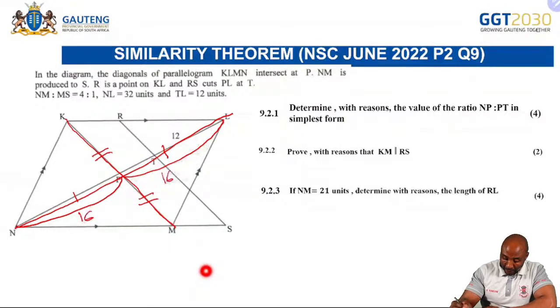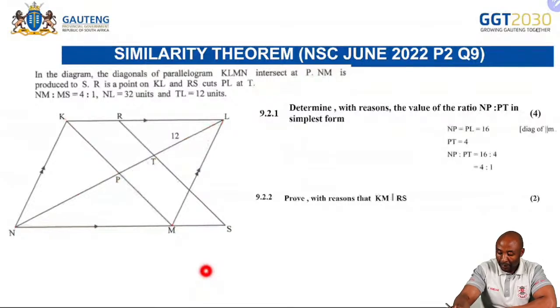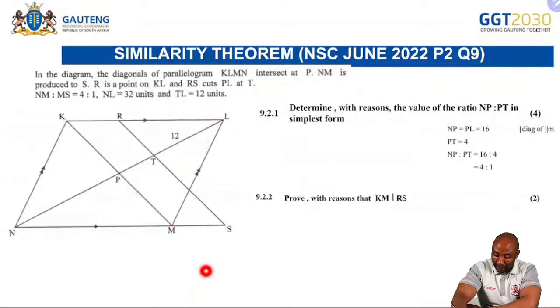Now, what are we told? We are told that the ratio of NM to MS is 4:1. Now we have to determine with reasons the ratio of NP to PT. So I will move along. I've already given the reason.